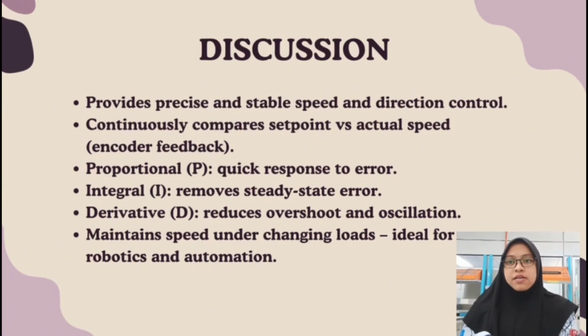As a result, the system is able to maintain the motor speed even under changing load, which is ideal for robotics and automation, where consistent performance is critical even with sudden changes in resistance or operating conditions.